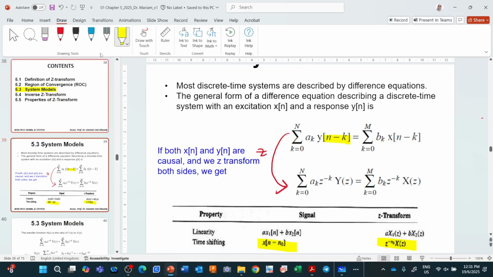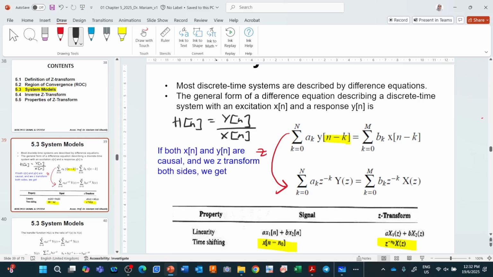So basically what it says here is that most of the time, you're going to find what H(z) is, or let me just write it as h[n], because this is a difference equation. And h[n] most of the time is y[n] over x[n].